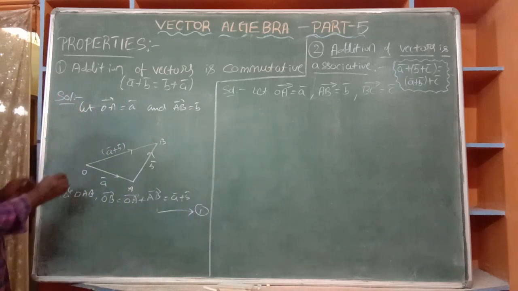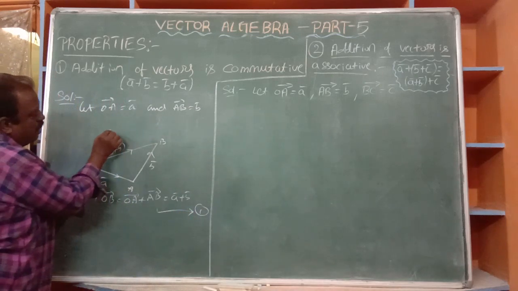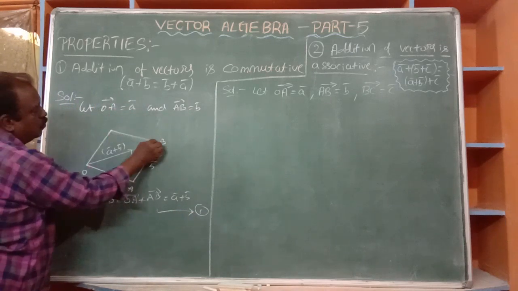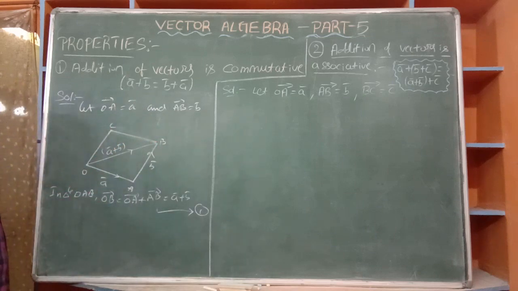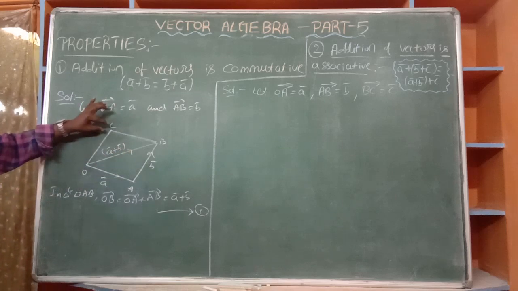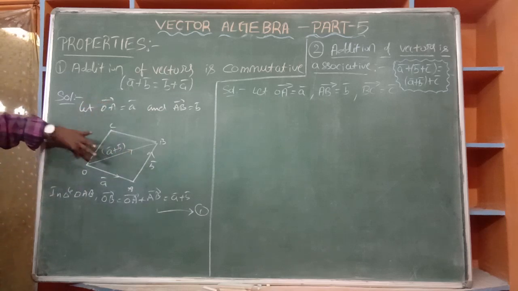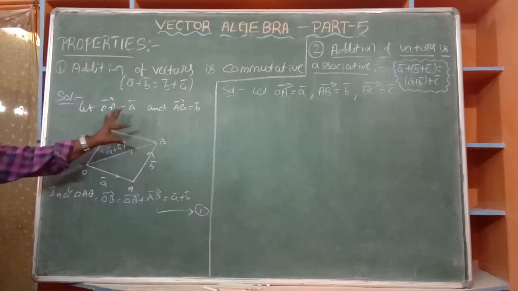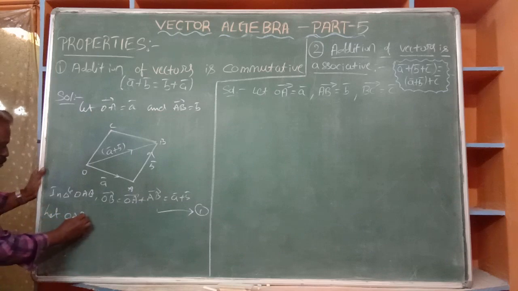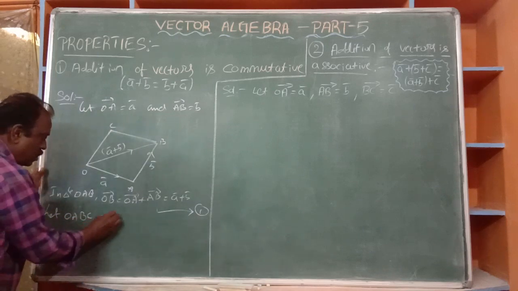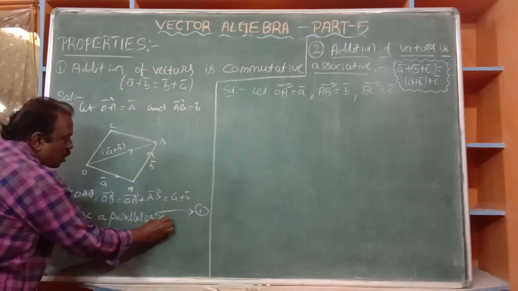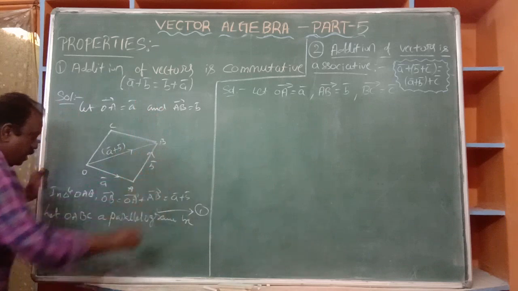Now, we complete a parallelogram OABC. That means on the triangle OAB, I take a point C. In order to have a parallelogram OABC, let OABC be completed.